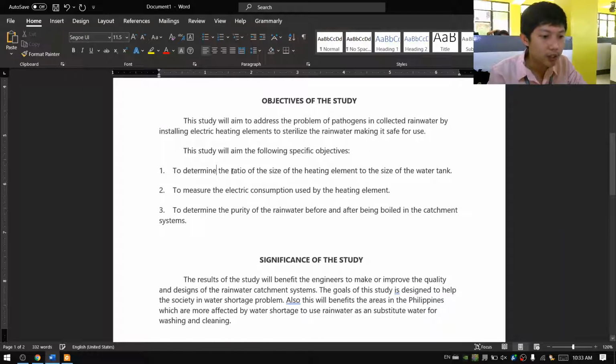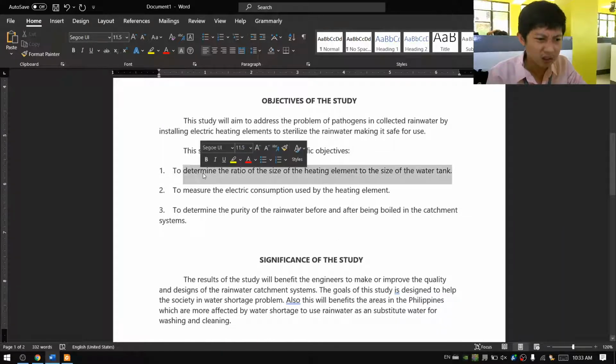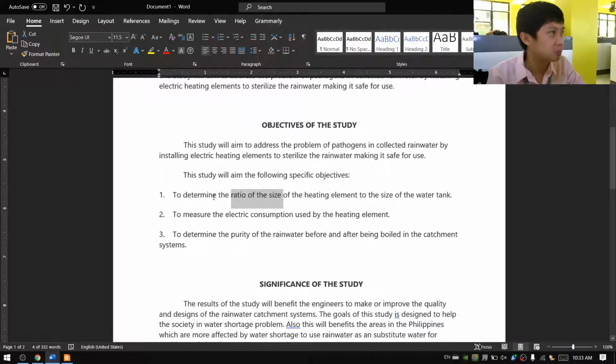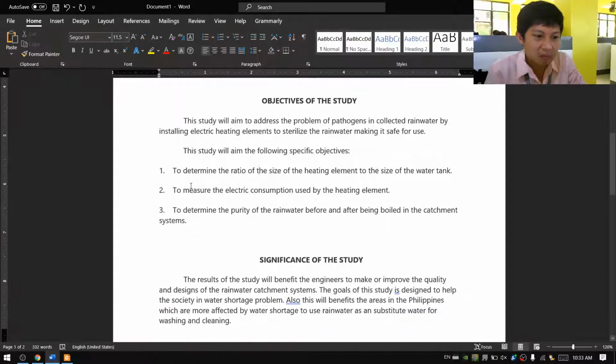1. To determine the ratio of the, okay, this is smart because you're going to determine the ratio. Why do you have to do that? You only have one size, one half. Why do you have to determine the size of the heating element? Measure the electric consumption used with the heating element.